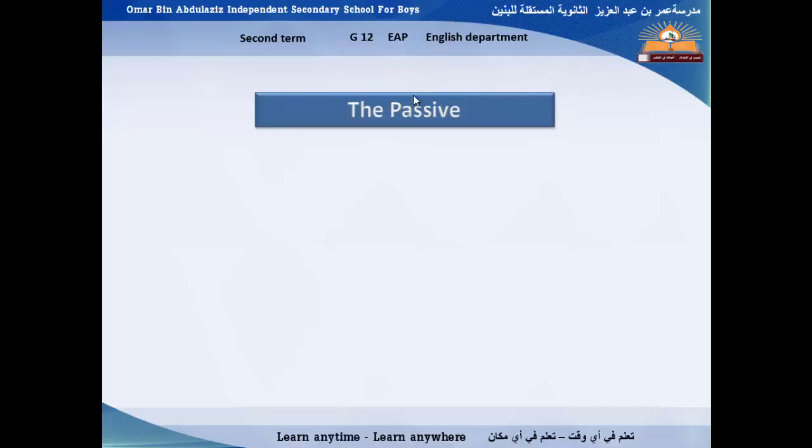The passive. What's the passive? The passive is the contrast or the opposite of the word active, and the real difference between active and passive is in the structure of the sentence. For the active sentence, we have to start with the subject, but for the passive, the matter is different because we have to start with the object.